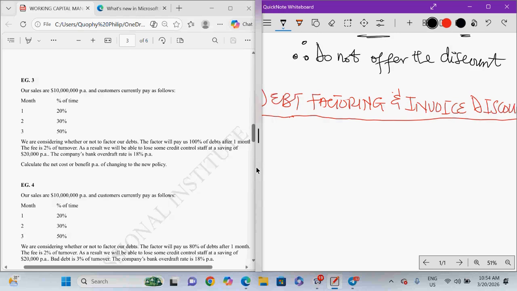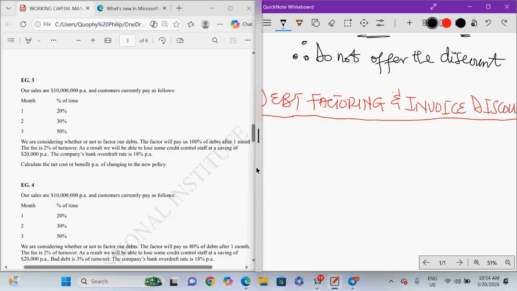So the debt factors are specialist organizations, right? Sometimes businesses or companies don't know how to get their receivables early. Sometimes when you want to get your receivables, it becomes difficult when you go yourself.